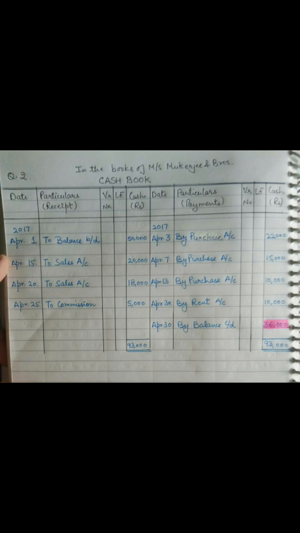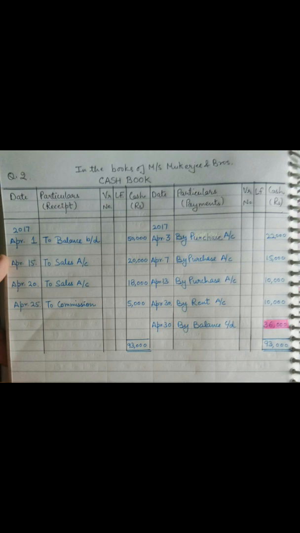So I have totaled all the cash receipts and cash payments separately. So there was a deficit in the cash payment side, that means cash receipts are more than cash payments. So we have to balance the cash book.